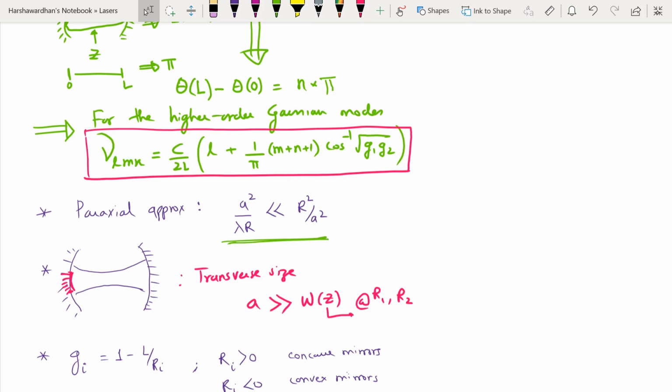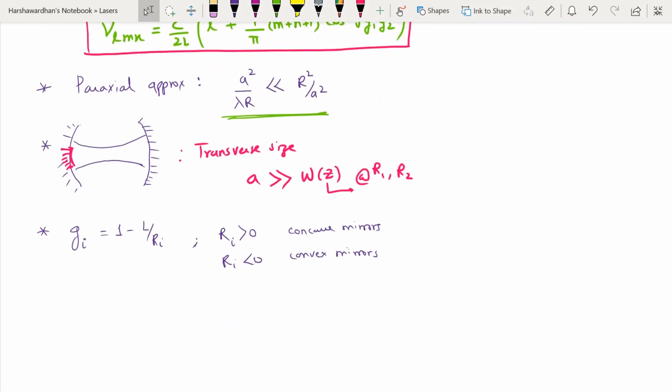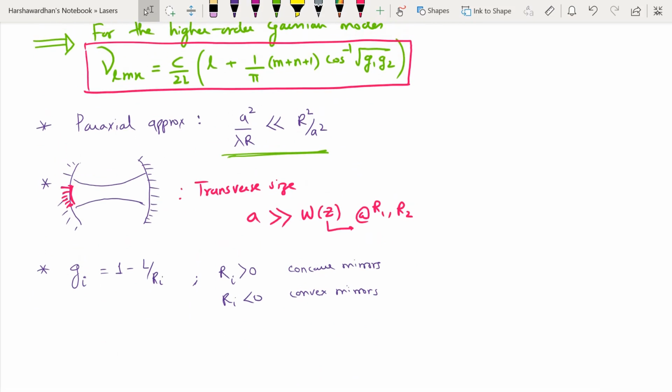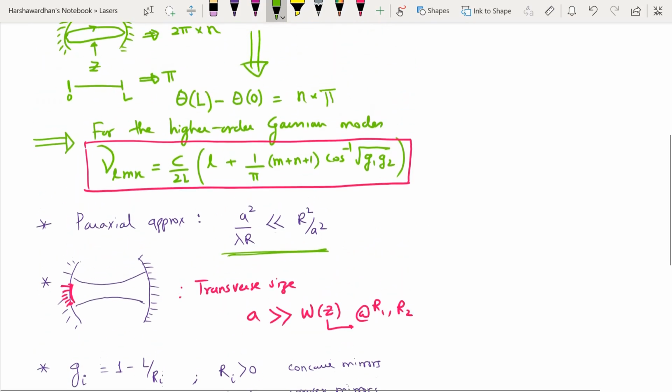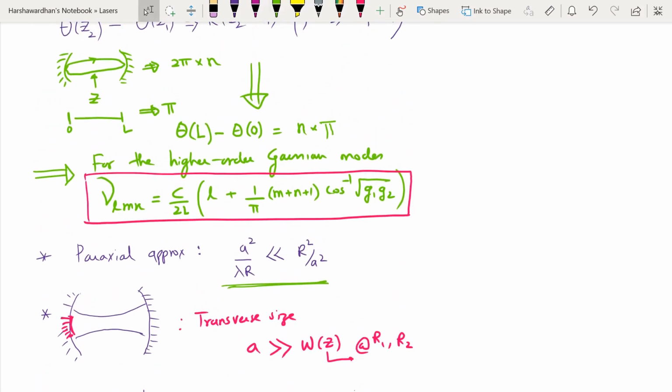Now, when I wrote down the above condition, I'm writing it in terms of G1 and G2. Remember G1 and G2 were the parameters we got for the stability of the cavity, which are simply 1 minus L by R1 and 1 minus L by R2, right? Now, recall that both G1 and G2 have to have the same sign for the cavity to be stable.